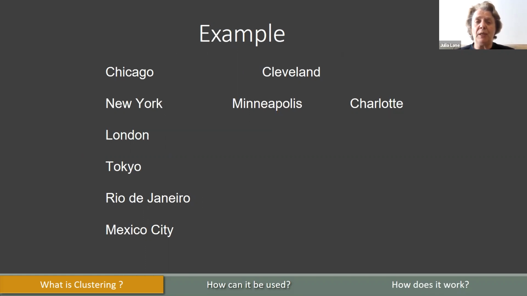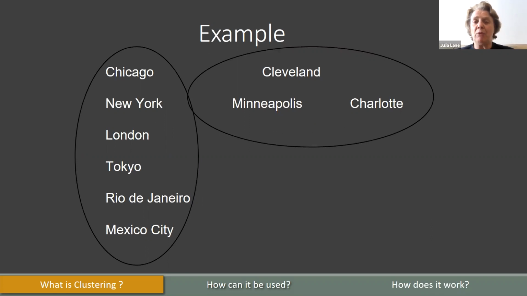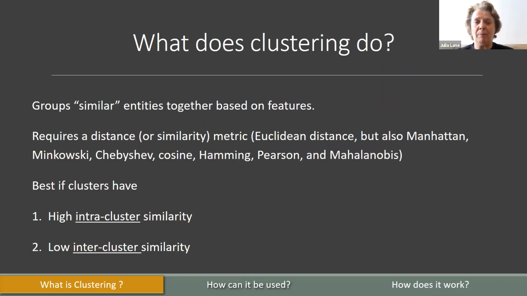I could also think about these cities as being grouped by whether they are large major cities in each country, or whether they're smaller, more regional hubs. Exactly how they're grouped is obviously going to depend on what data you feed into them and what kind of questions you're asking.